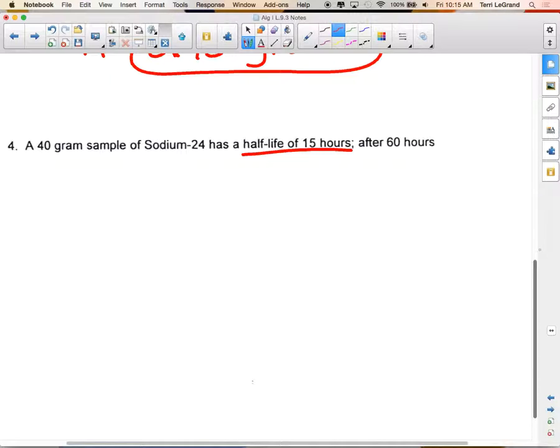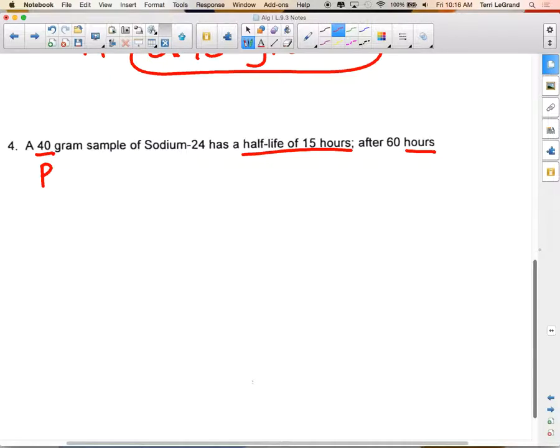So they have to be comparable. This one is in hours, and so is this one, so we don't have to do any changing. But if the half-life is different from what they want us to go through, change that to what the half-life is measured in so that you get a good answer.